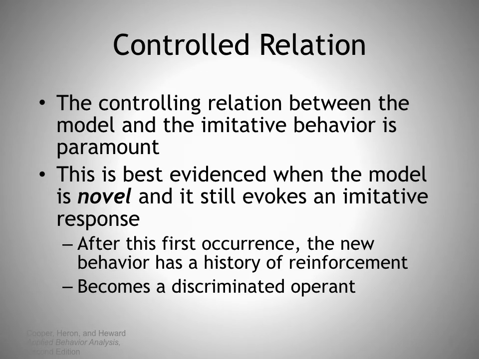A controlling relation. We often see imitative behavior as doing the same. Although the formal similarity of doing the same is a necessary condition of imitation, it is not sufficient. Formal similarity can exist without the model functionally controlling the similar behavior. The controlling relation between a model and the similar behavior is the most important property that defines imitation.